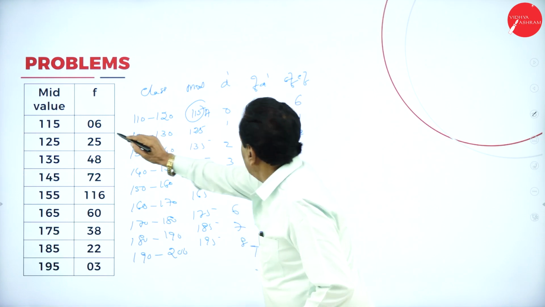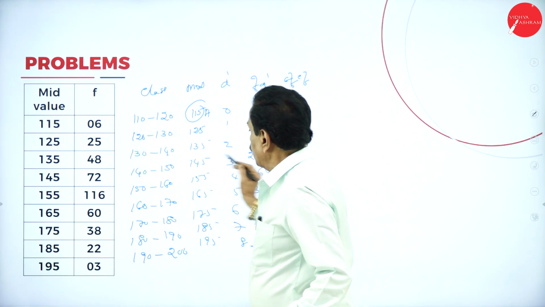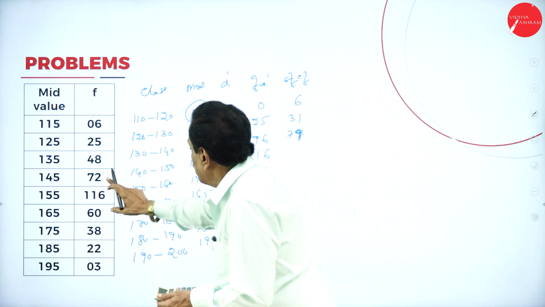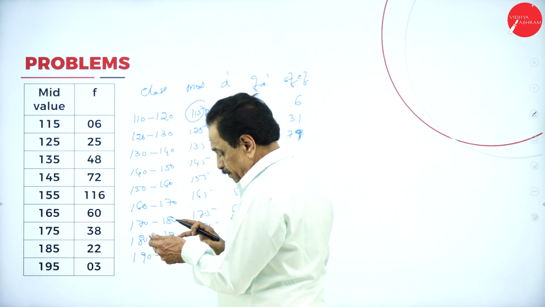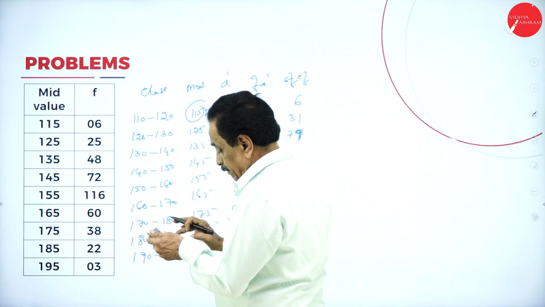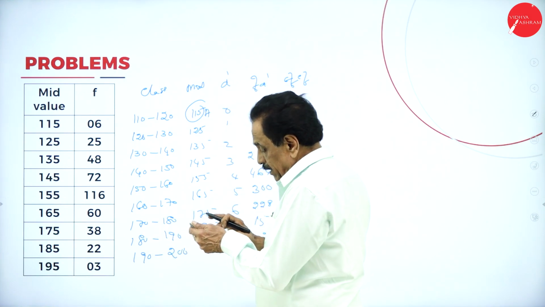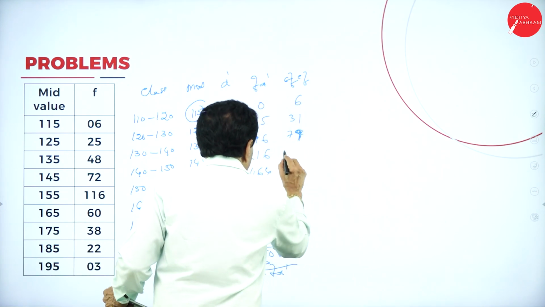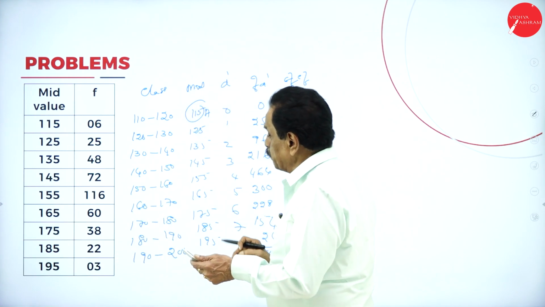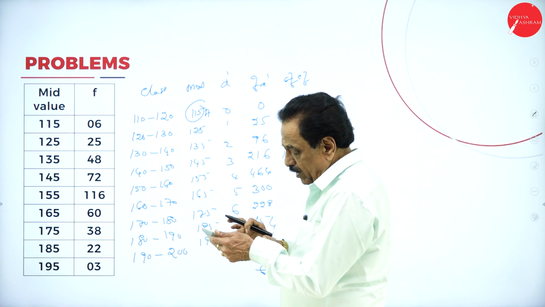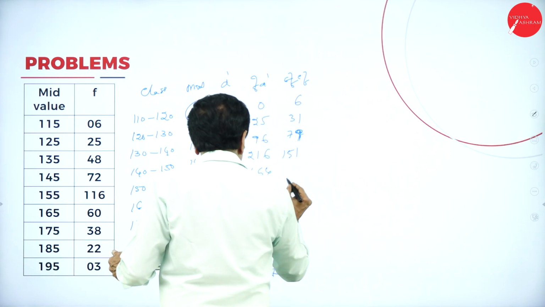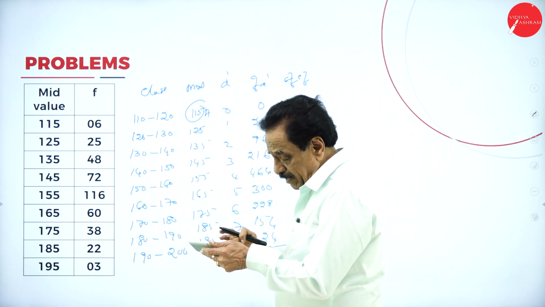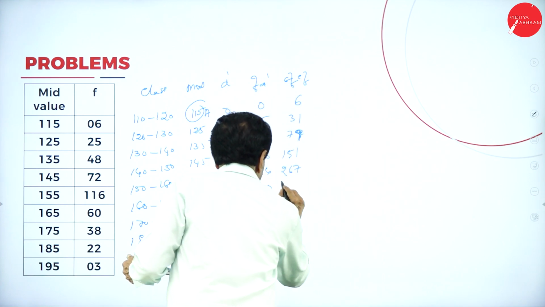Now 79 plus 72 is equal to 151. 151 plus 116 is 267. 267 plus 60 is 327.